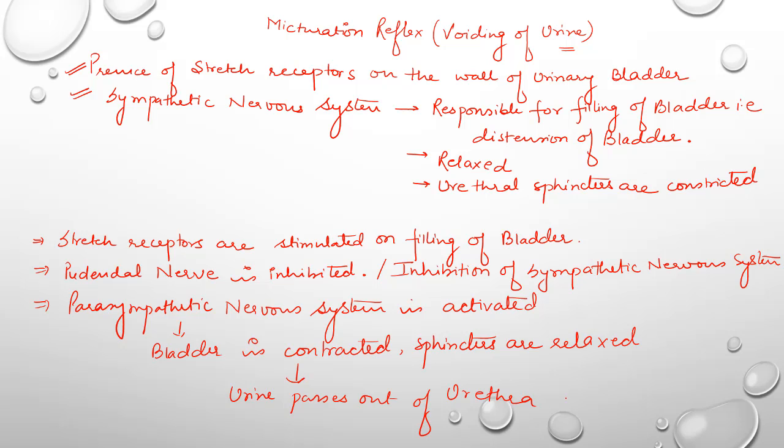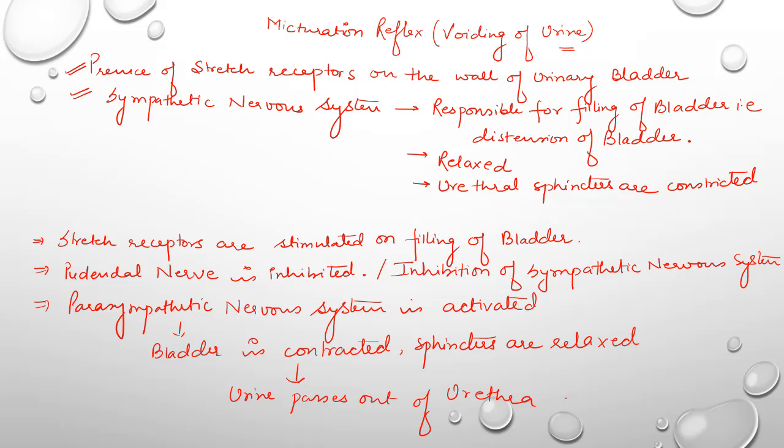The moment parasympathetic nervous system gets activated, the bladder gets contracted and the sphincters get relaxed. As the bladder gets contracted and the sphincters are relaxed, urine passes into urethra.